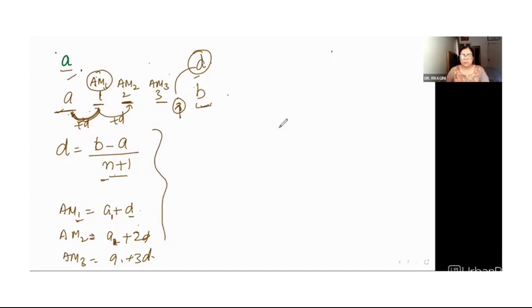Let us do one question so you will get this clearly. Insert three arithmetic means between 3 and 19. So this is your A, this is your B. What will be the value of D here?